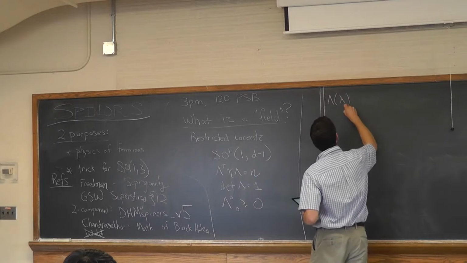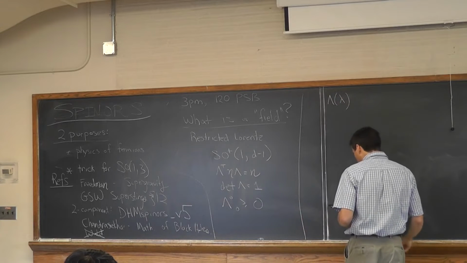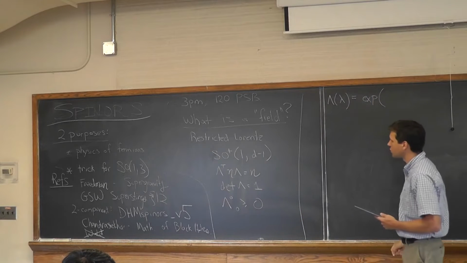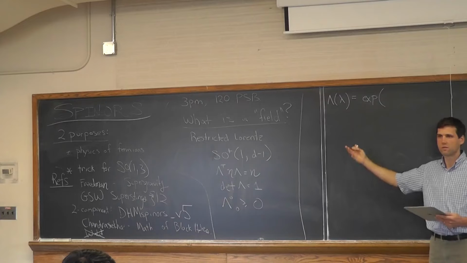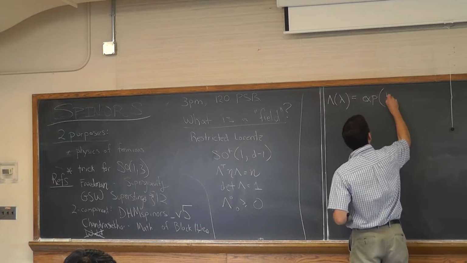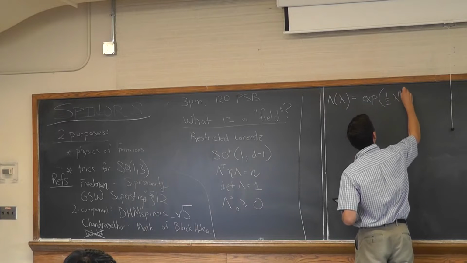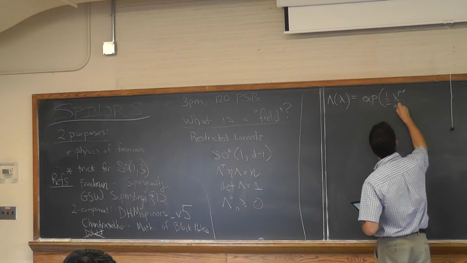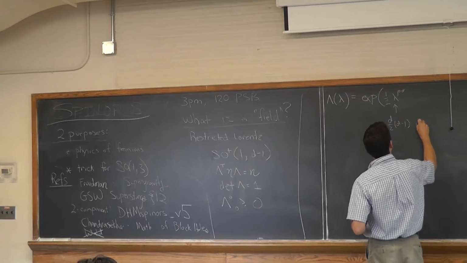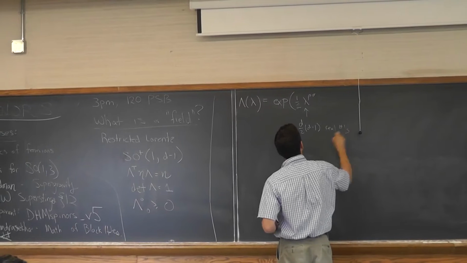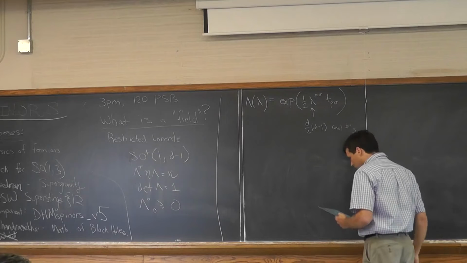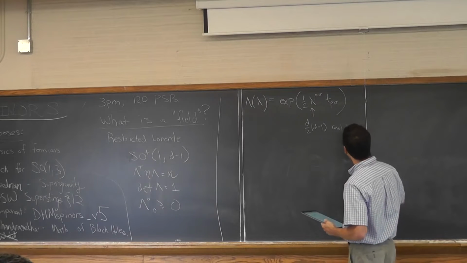We can parameterize them by a set of real numbers, lambda, by writing this. So these are just matrices. These are d by d matrices. We can parameterize them in terms of d over 2 times (d minus 1) real numbers by exponentiating the generators of the algebra.